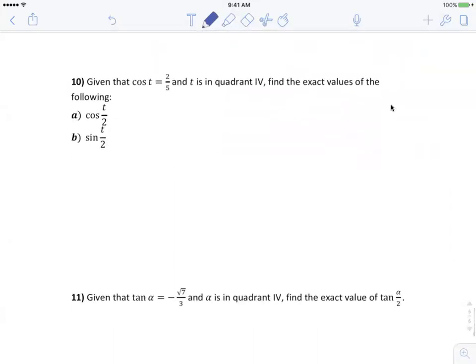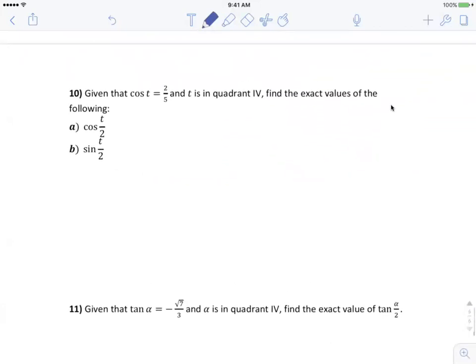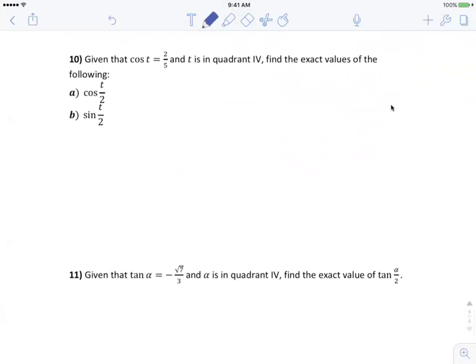We've got a few more problems that are like the given. So I'll just continue on here and knock out this last page. These are similar to the ones we've done before. First start with an identity, cosine of the half angle, cosine t over 2. So let's do A first.